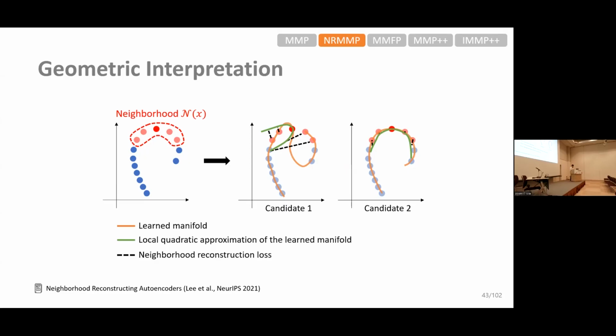The black dotted lines connect neighborhood points to their corresponding neighborhood point reconstructions, and the lengths of the lines represent the neighborhood reconstruction loss. In the first candidate, the green curve does not match well with the neighborhood set, resulting in high neighborhood reconstruction loss. On the other hand, the second candidate has small neighborhood reconstruction loss. So now we can tell the second candidate is a better solution.